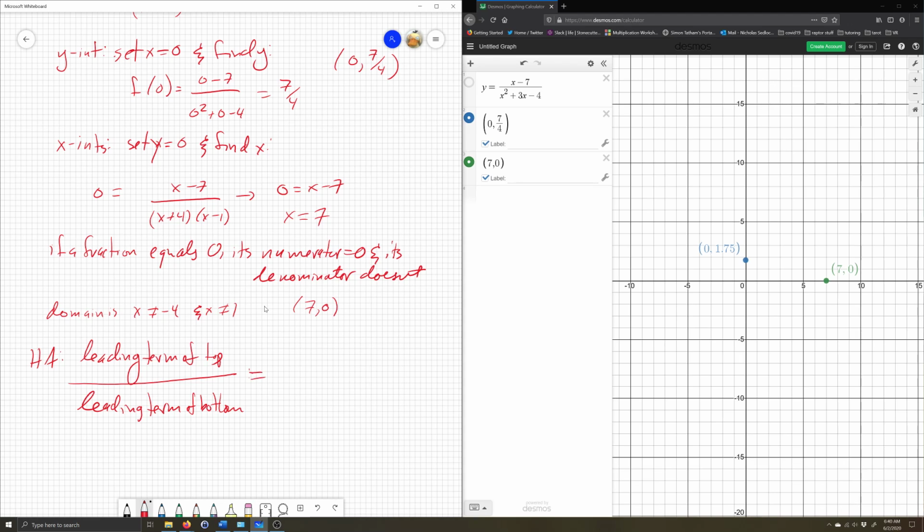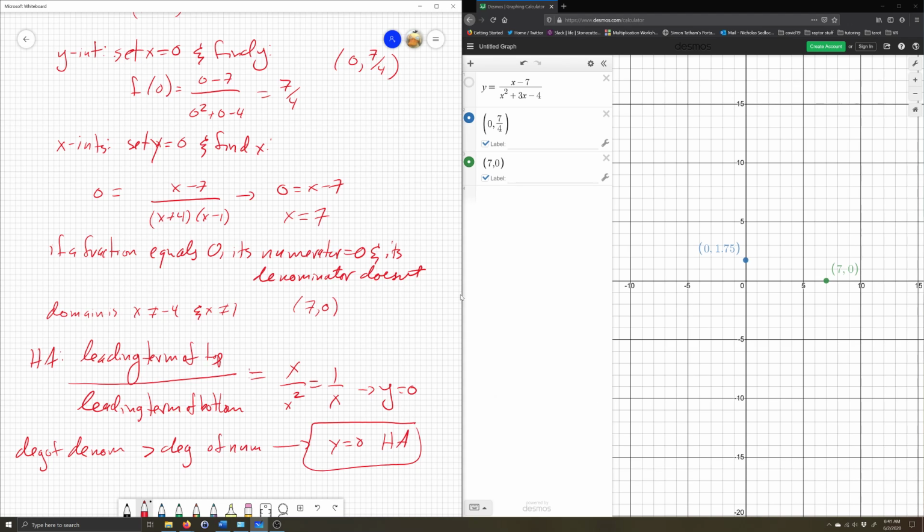And so that equals x over x squared, which is 1 over x. And so remember, when you have x's left in the denominator after we do this process, because the degree of the denominator is greater than the degree of the numerator, that tells me that y equals 0 is my horizontal asymptote.